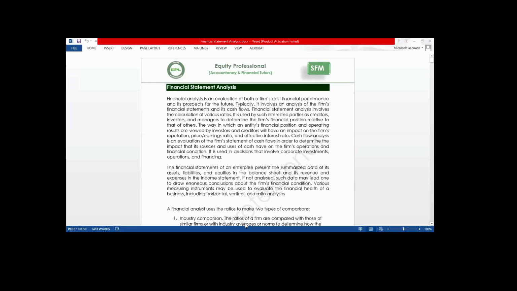The analysis of the financial statements of a business entity with a view to determining the company's past financial performance and to project the company's future financial prospects.